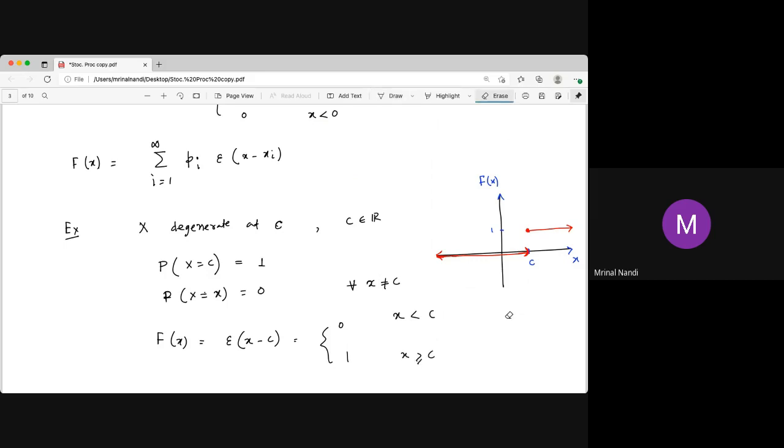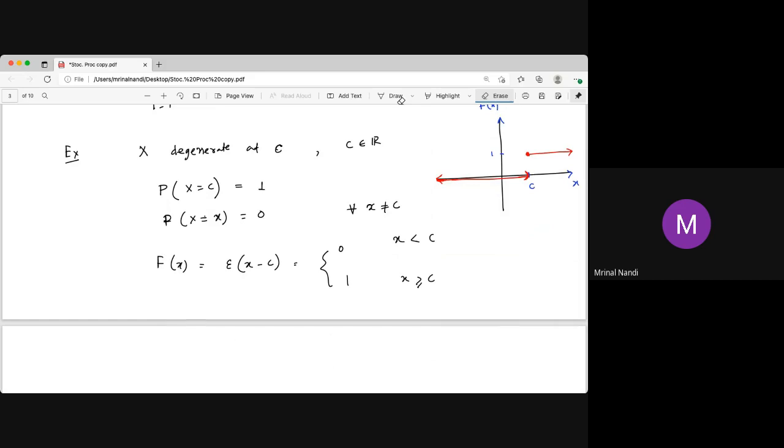So what is the mass function then? The mass function is very easy. The probability mass function is from the reals to 0, 1. So f of C is just 1, and other than that, for x not equal to C, this is 0.